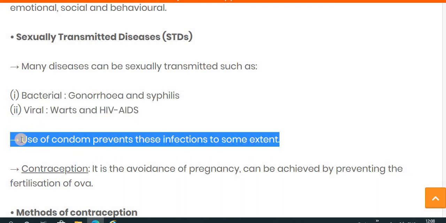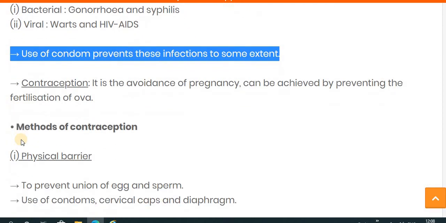Now the next point: how can we prevent this kind of disease? Using a condom prevents these infections to some extent.